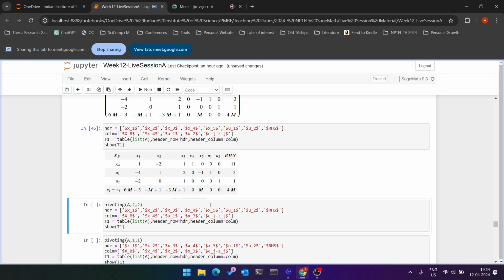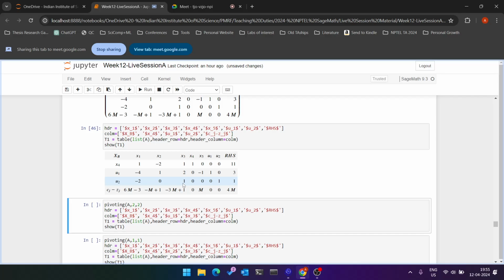Now we'll be looking at the entry which is the most negative. Clearly that is the entry minus 3M plus 1 corresponding to variable x3. So this is where we enter, and we exit based on the ratios 11 by 1, 3 by 2 or 1 by 1.